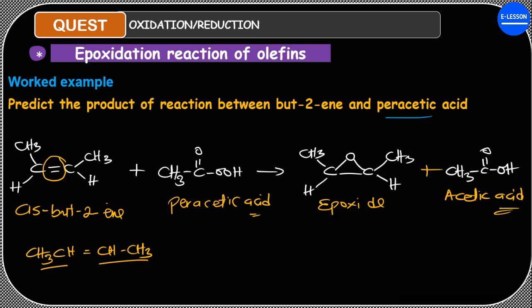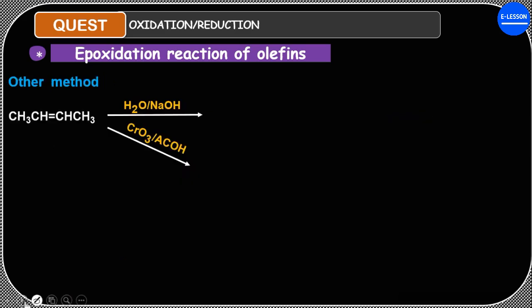All right, now let us look at some of the reactions of epoxide. Before we talk about some of the reactions of epoxide, let's look at other methods for epoxidation apart from that of the peracid.